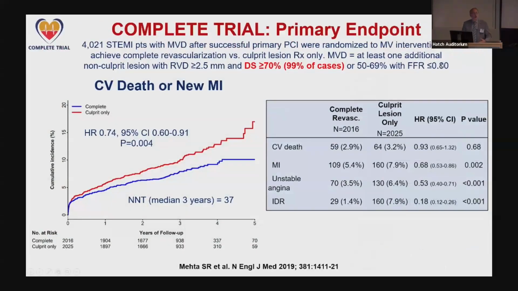So the question is, what do we do with this information? Well, I believe we can use this information, though we've got to prove this in randomized trials, to get better outcomes for our patients when we see these lesions in the right clinical setting.